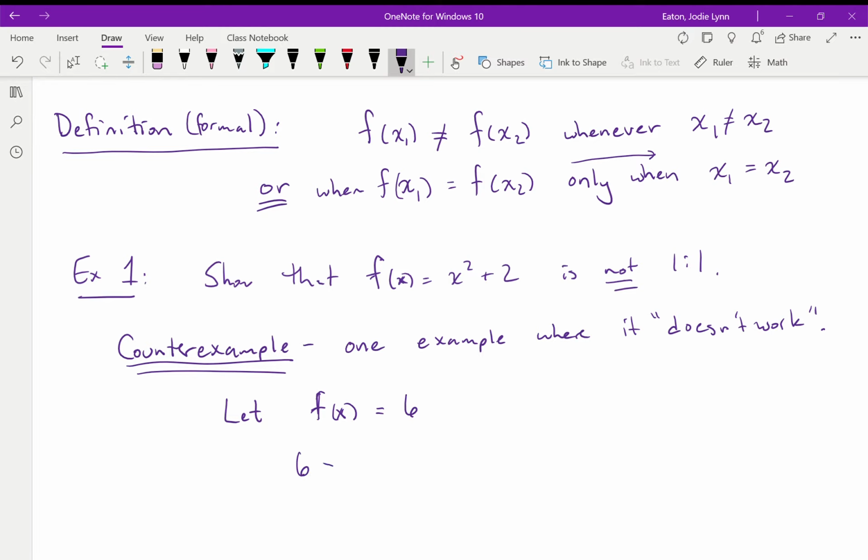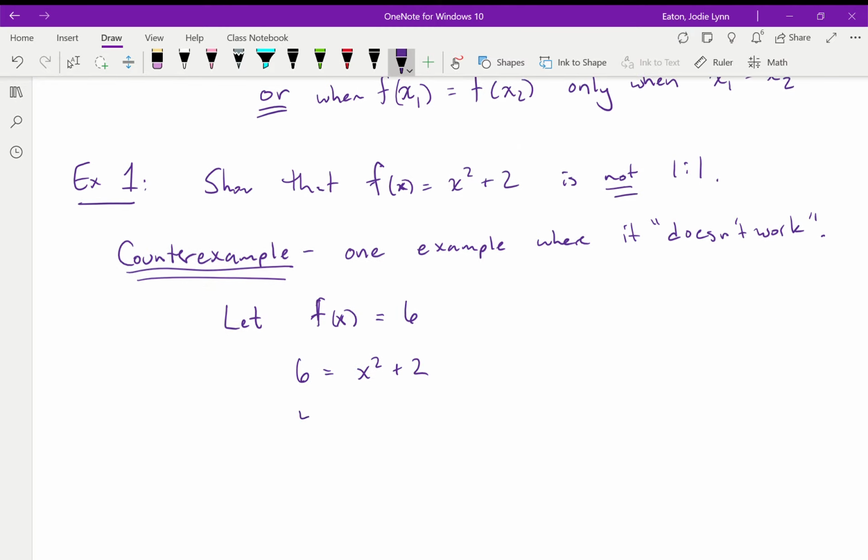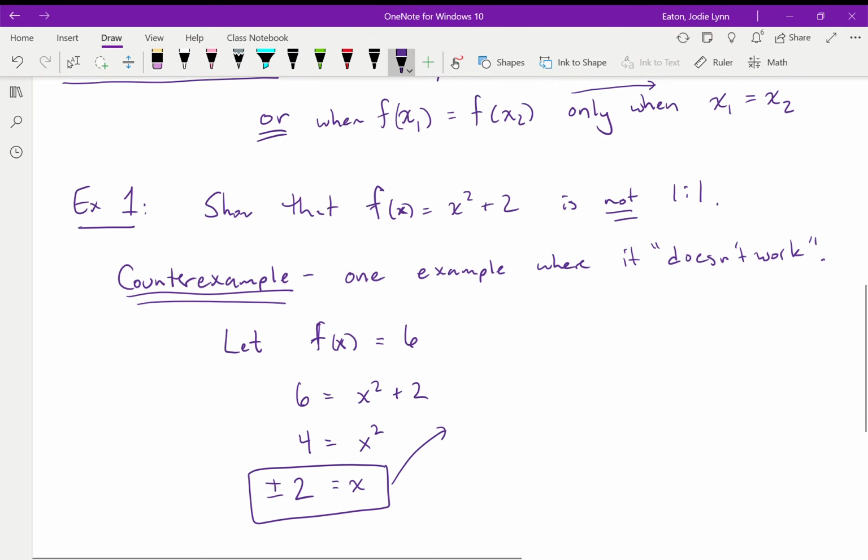So 6 equals x squared plus 2. 4 equals x squared. So x could be plus or minus 2. So this is two x values with the same y value.